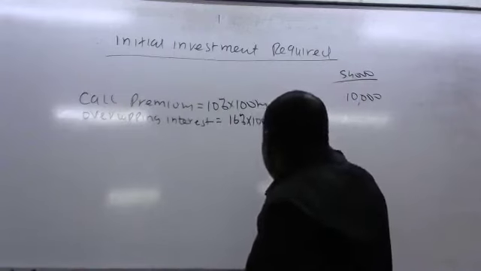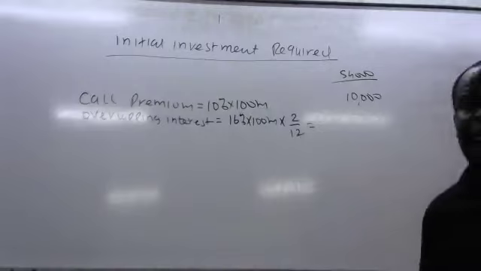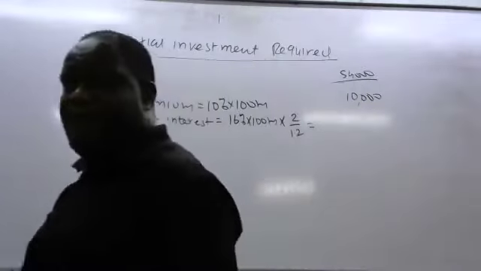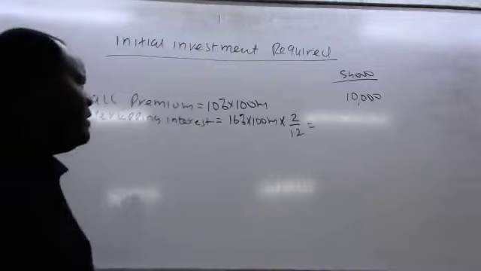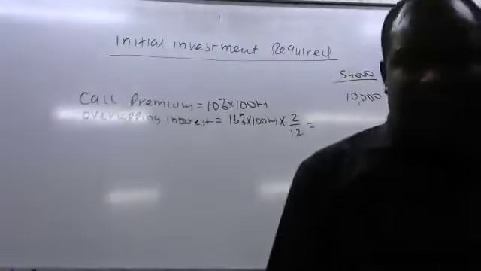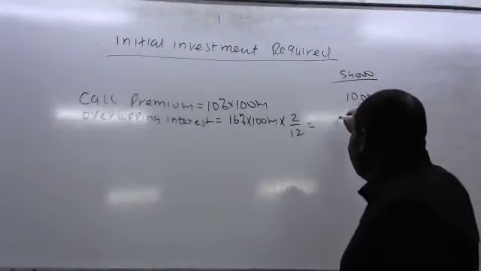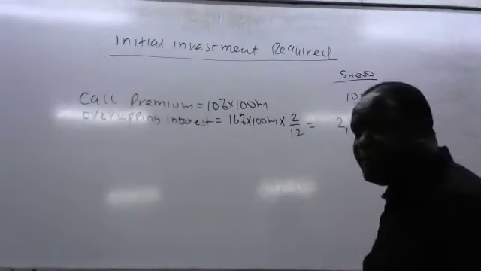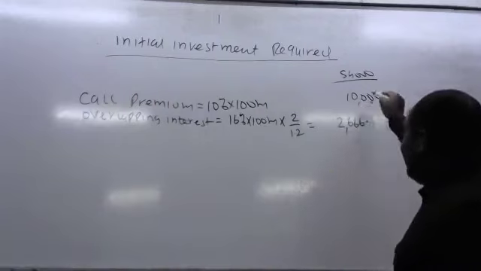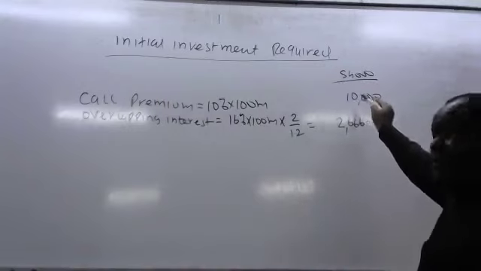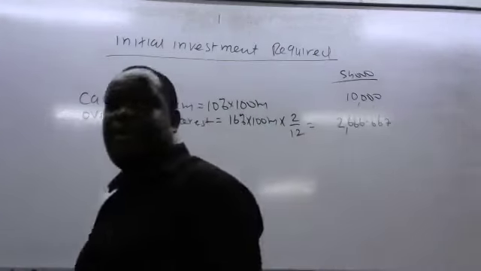So 16% of the 100 million, multiplied by 2/12, will give us around 2,666 point, with 3 zeros at the top, so it will be 2,667.